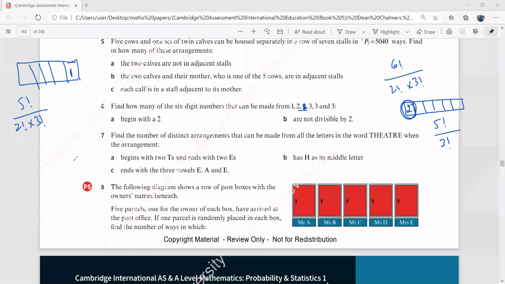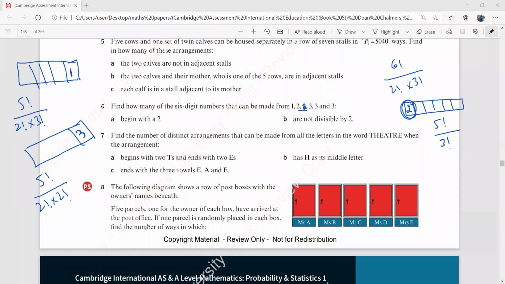Yes or no? Yes, sir. And if you fix a 3 over here, then it is 5 factorial over 2 factorial into 2 factorial.